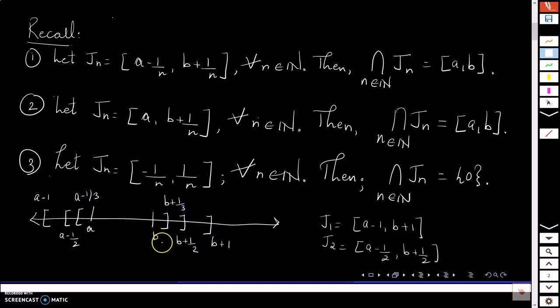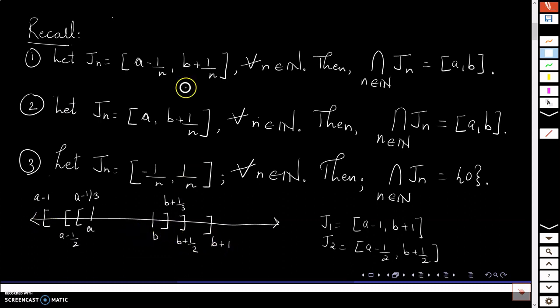So one thing to note here is J1 is the biggest interval if you see. Inside that there is J2. Inside that there is J3. Inside that there will be J4, and this keeps on moving. Right? So what kind of closed intervals have I taken here? The length of the interval, if you see, keeps on decreasing.